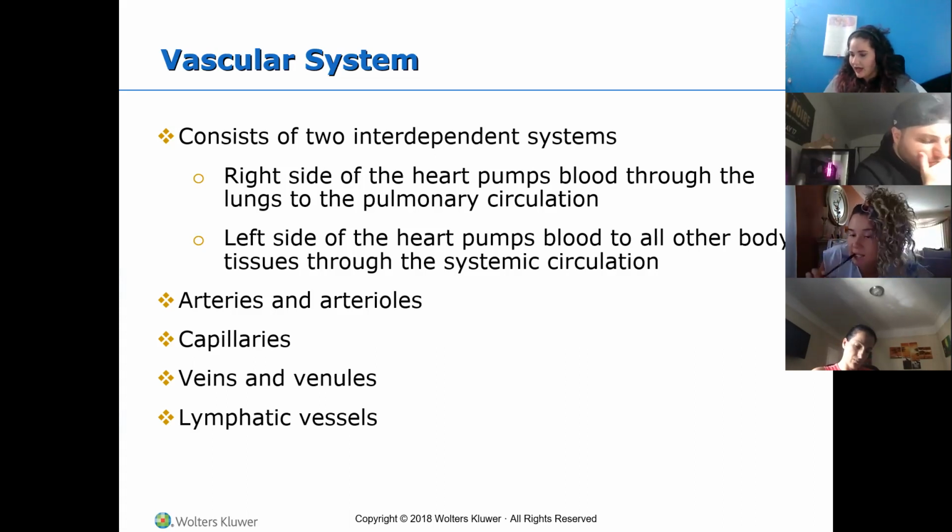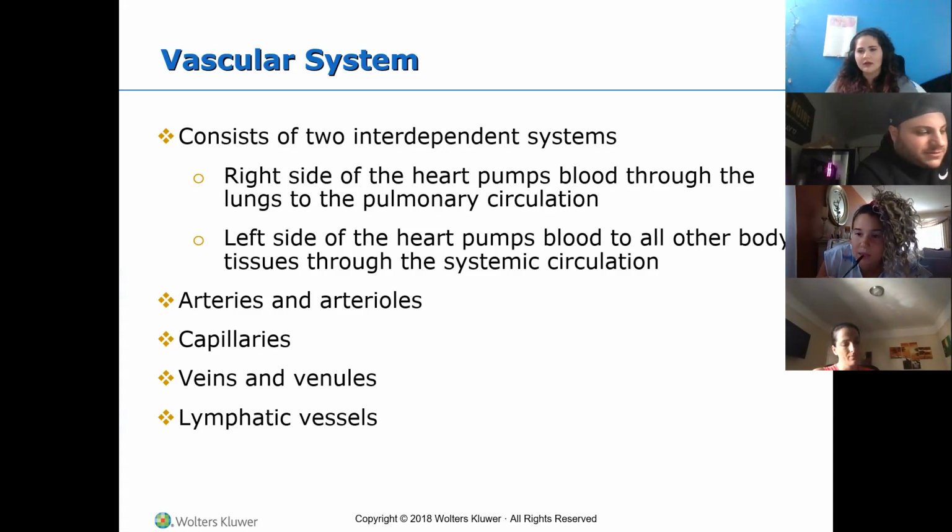Someone keeps telling people that that's how you should remember heart failure is right side and left side. Left side pumps blood to the rest of the body, so left-sided heart failure is pulmonary congestion. Whoever's saying that is completely wrong. It's right side.